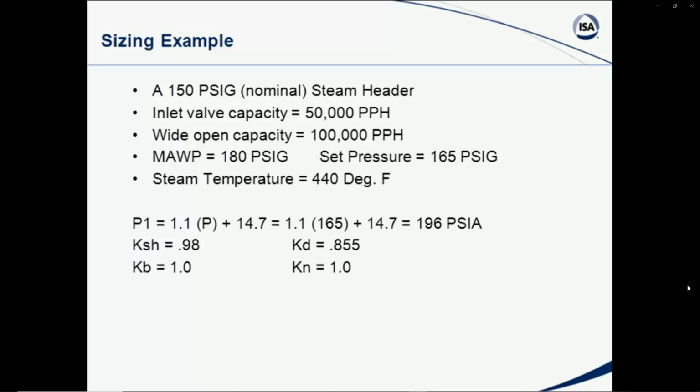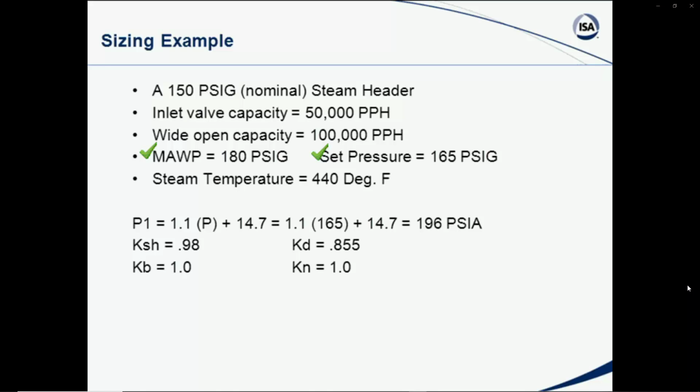The maximum allowed working pressure we're given for this particular situation is 180 PSIG, and we're going to set this up with a set pressure of 165 PSIG because we're operating at 150, so that's 10%. That's fairly close. We should operate okay.